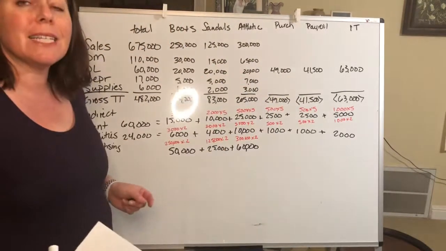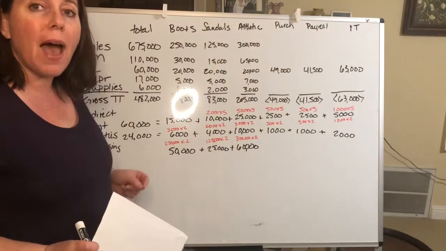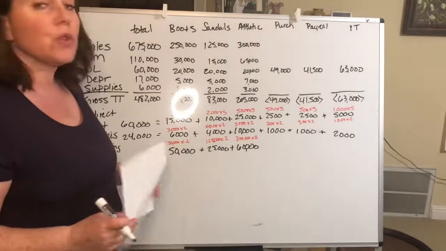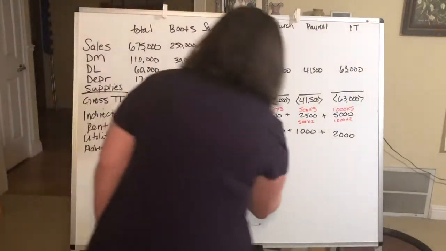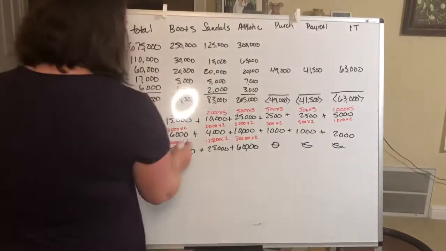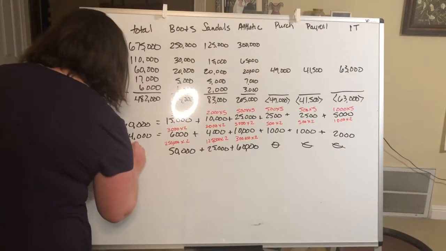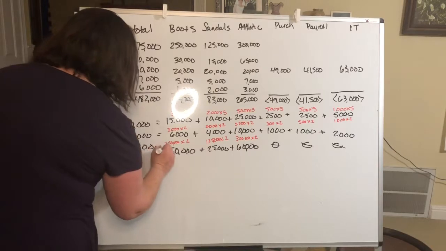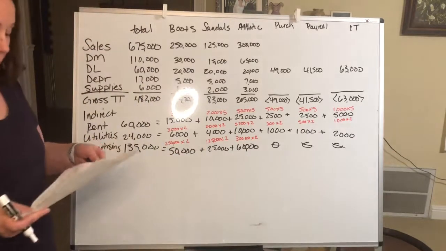Purchasing, payroll, and IT are cost centers. They don't have any sales dollars, so they get zero advertising costs. So we'll add these up, 50, 75, 135, and it equals.